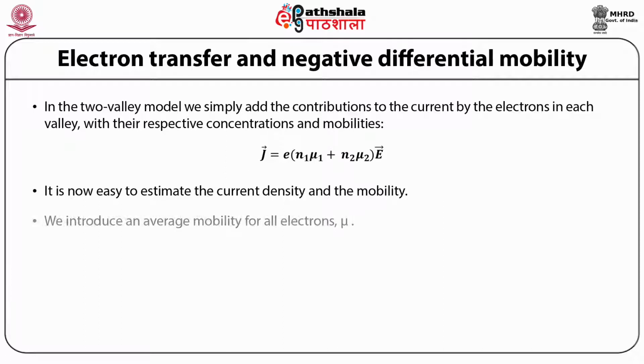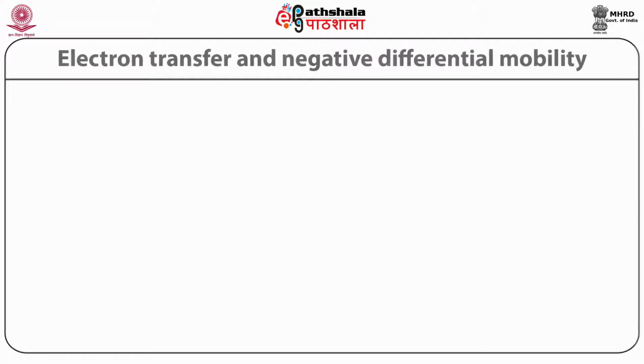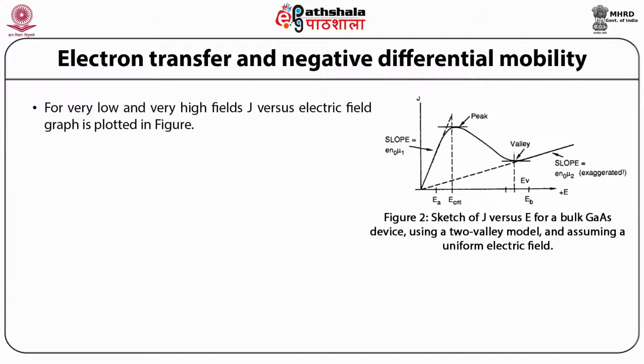So now we introduce an average mobility for all the electrons, that is mu bar. For very low and very high fields, the J versus electric field graph is plotted in this figure.